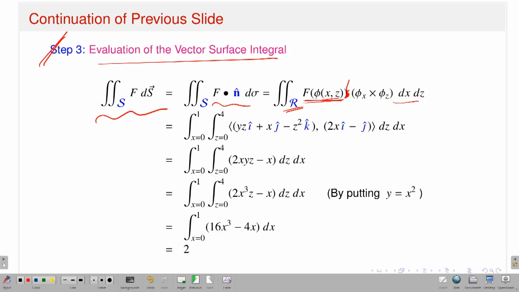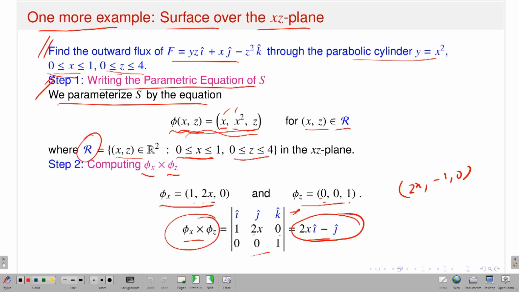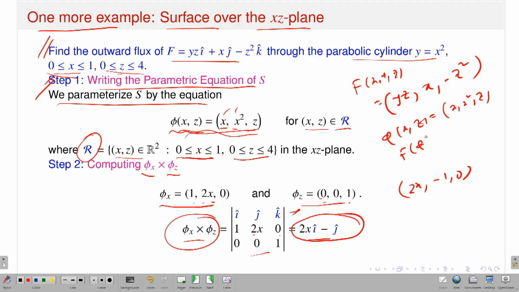Now this capital F of phi of x, z, you can easily do that. What is my capital F? Your capital F of x, y, z is yz comma x comma minus z square. And what is your phi? Phi of x, z is x comma x square comma z. So what is capital F of phi?